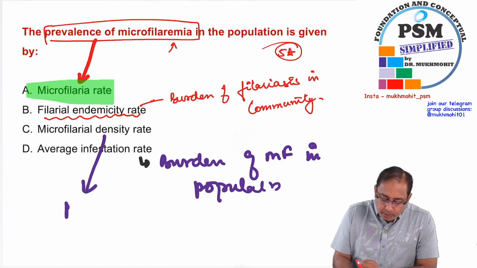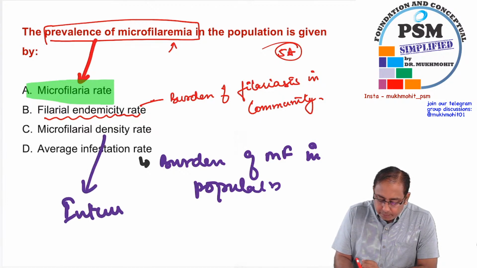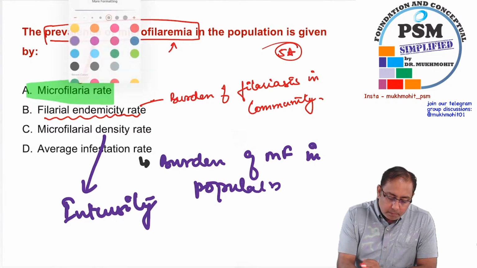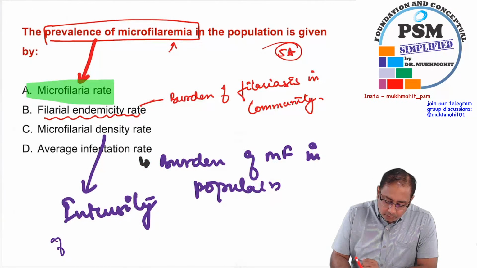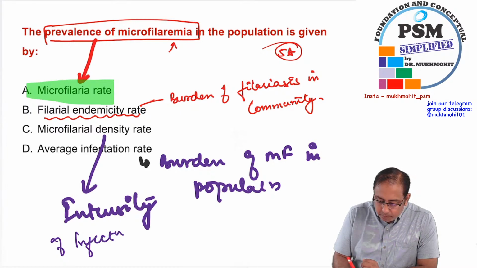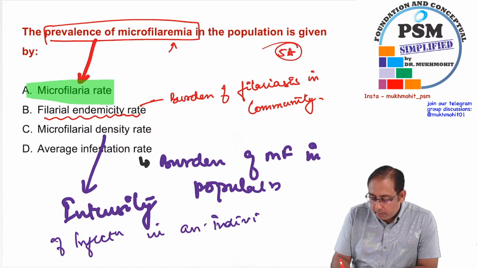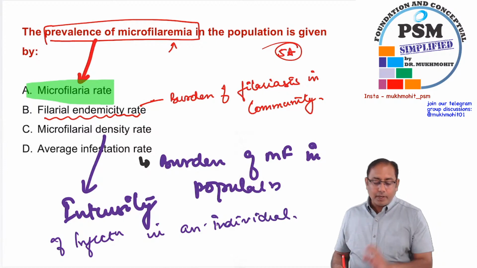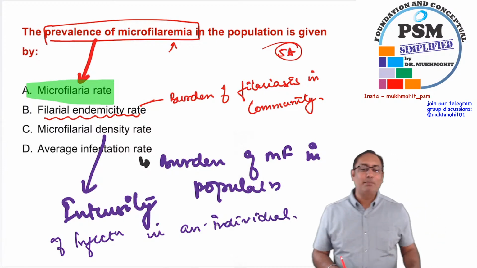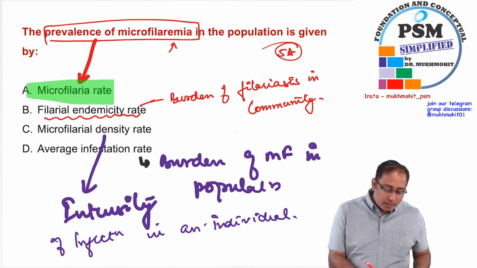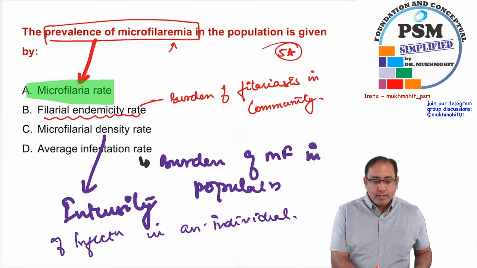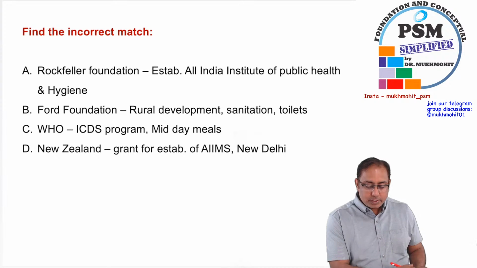Density is burden or intensity of infection in an individual. And microfilaria rate is the prevalence of microfilariasis in the community. This is again frequently asked in your exam.